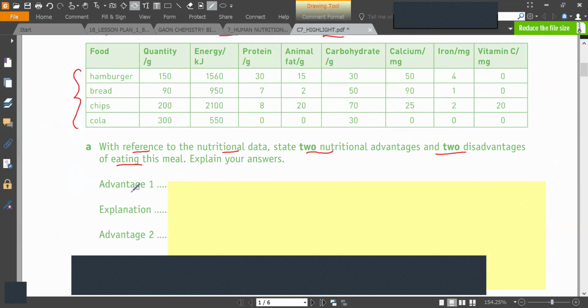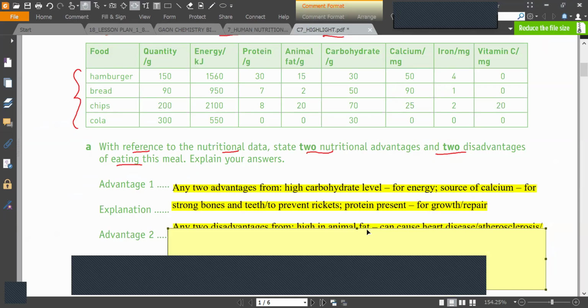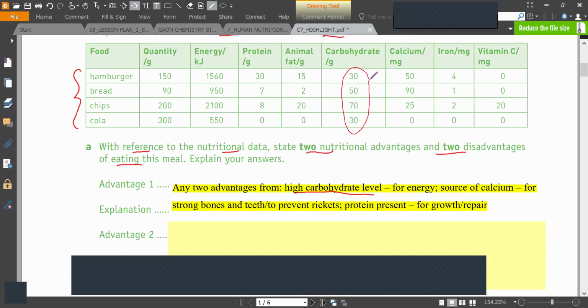First, advantages. So we'll take a look at the advantages. High carbohydrate level. We can see the carbohydrate amount is a lot, so it produces lots of energy.